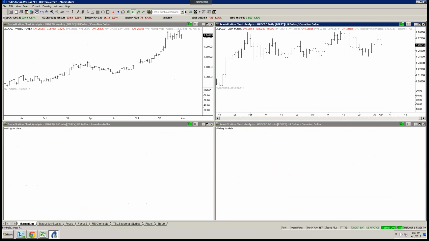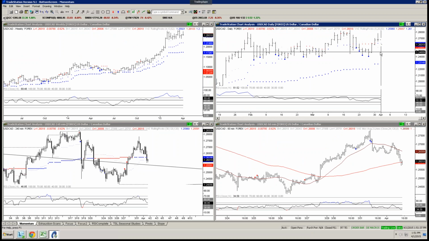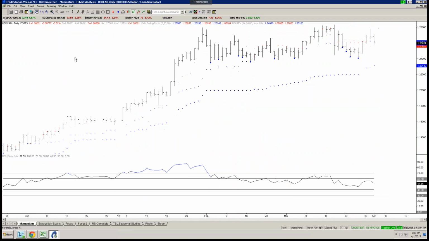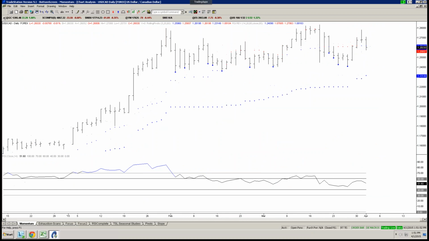For example, here's dollar CAD. Again, I have RSI and I'm aware of the momentum, but this is a good example. Here's a daily chart of dollar CAD. I know where RSI is.